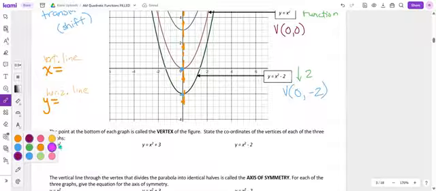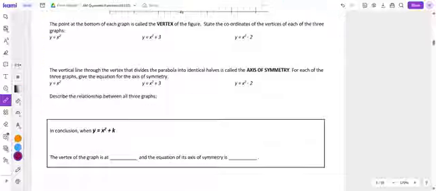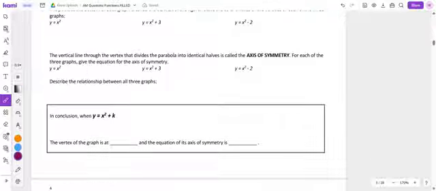It's helpful. In all of these cases, because none of them have translated horizontally, the axis of symmetry for every single one is x equals 0. The vertex changed, the axis of symmetry didn't.